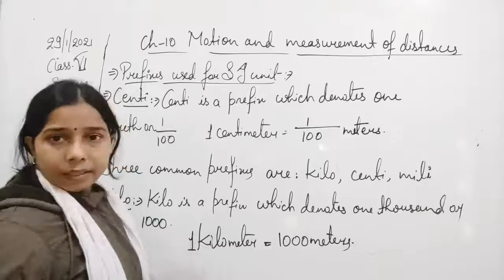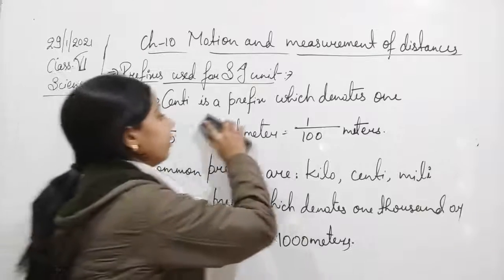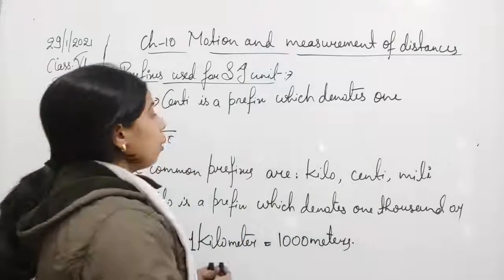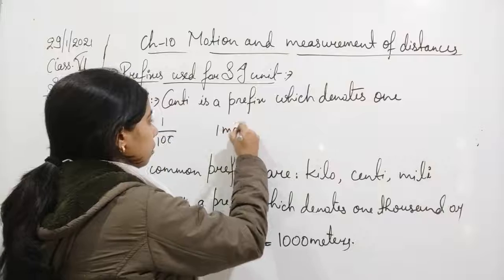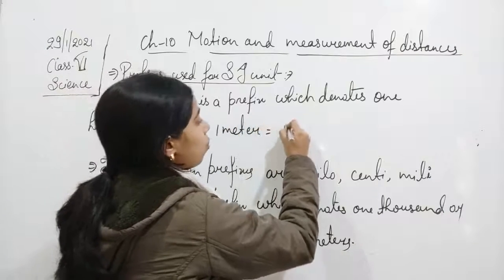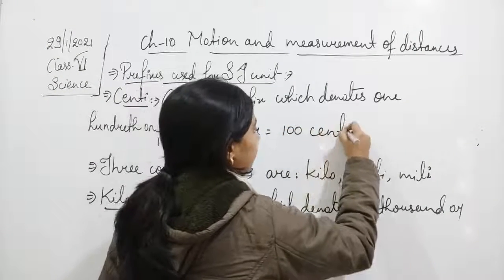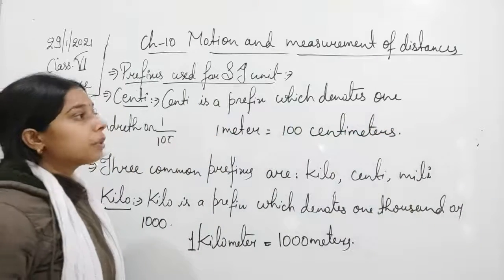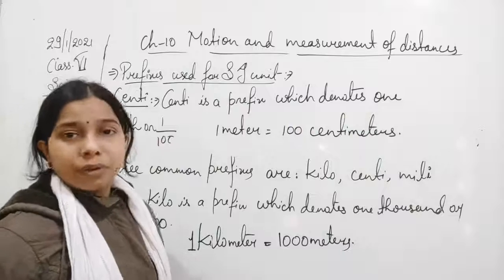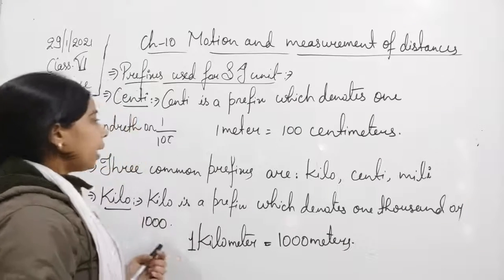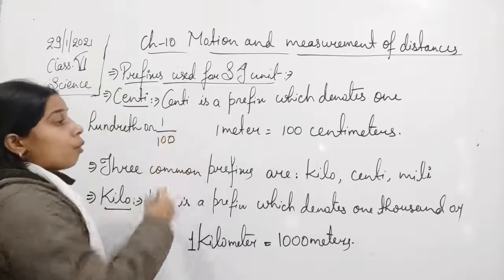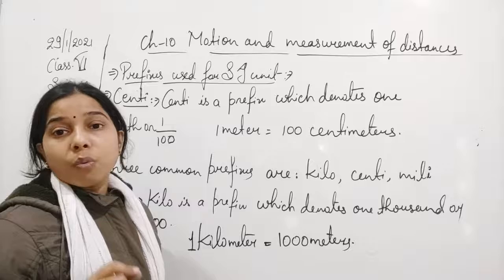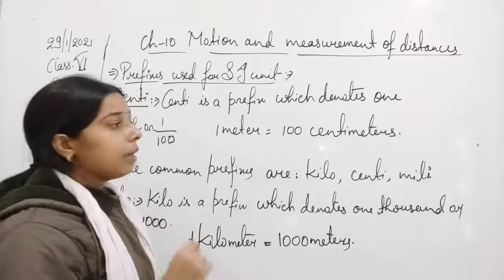We can also write it in an easy way, that 1 meter is equals to 100 centimeters. Sorry for that, student. So 1 centimeter is equals to 1 by 100 meter, or 1 meter is equals to 100 centimeter.